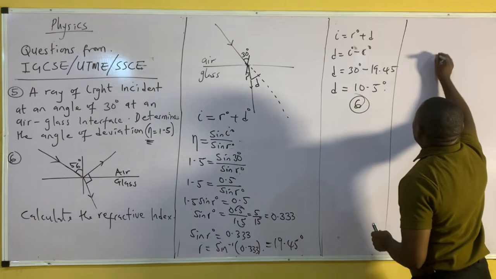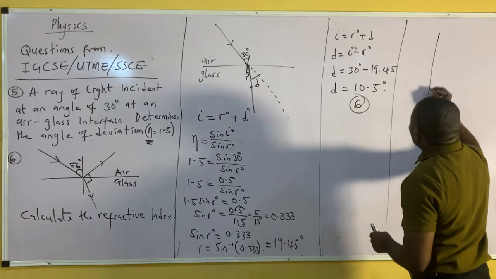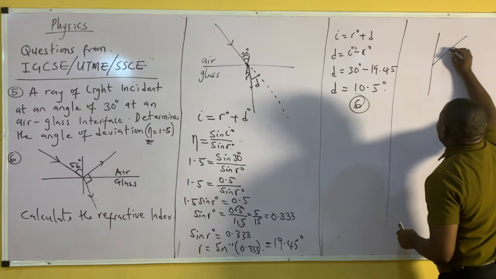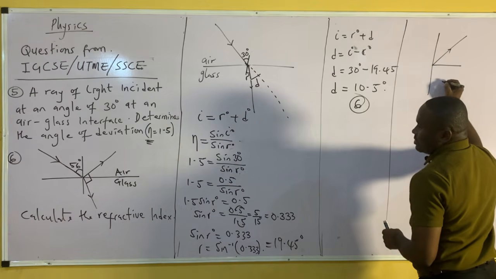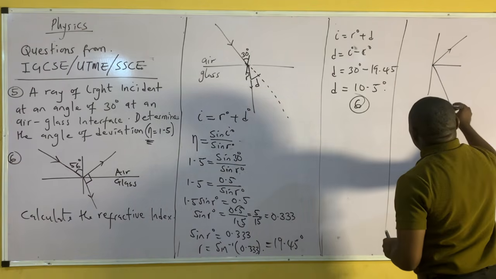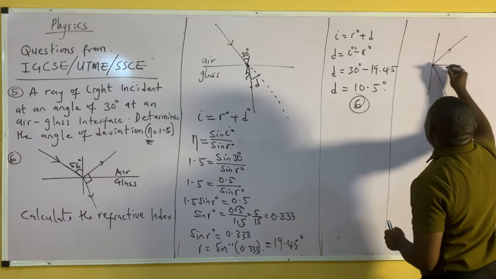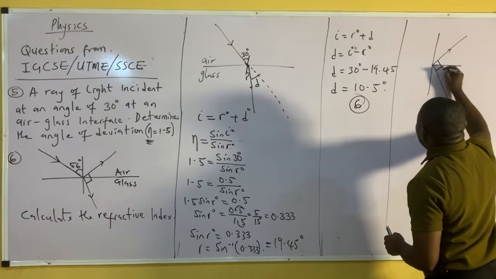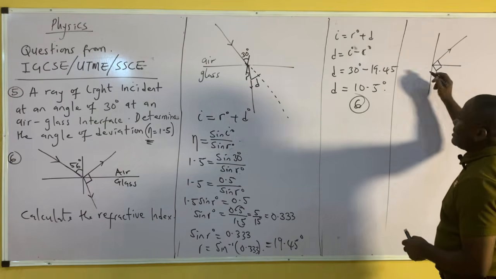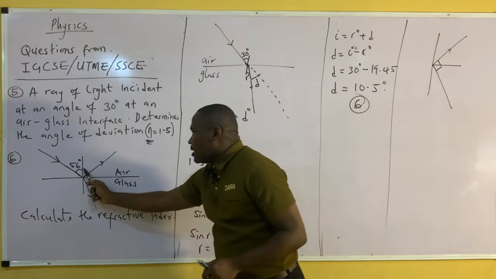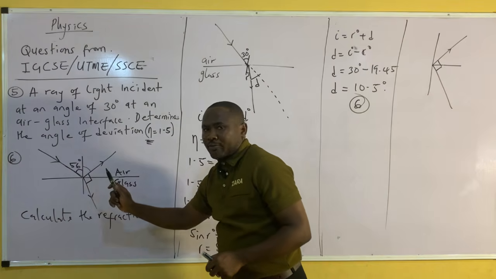Look at it. There is a straight line here, and there is a ray here, and then you have this. Just look at this straight line. Then you have this making an angle of 90 with this. So this is 90 degrees. Now remember that the angle of incidence is always equal to the angle of reflection.